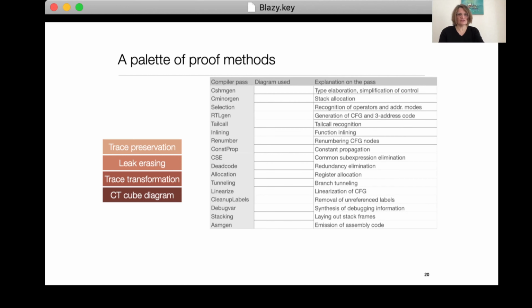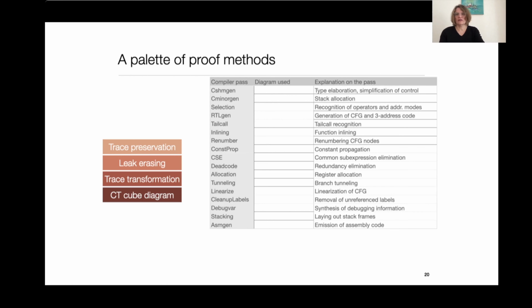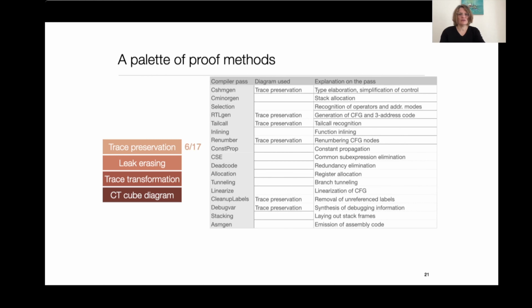So I will not talk about the last method, the cube method. But in the end, we have these 4 proof methods that we used to prove our 17 passes. So we were able to reuse the trace preservation method, the simplest one, on 6 compiler passes.